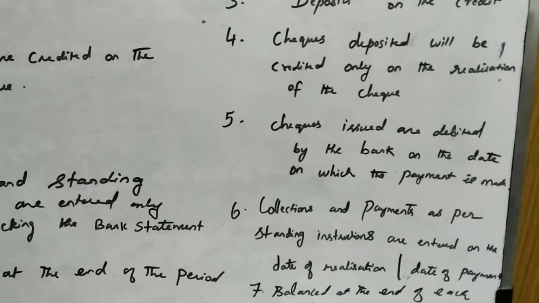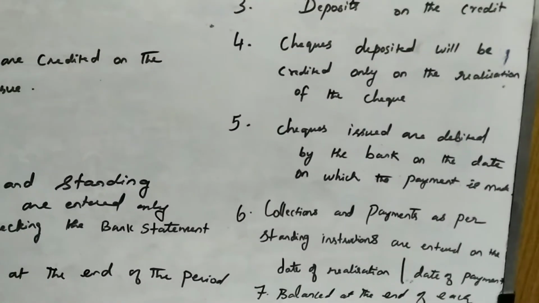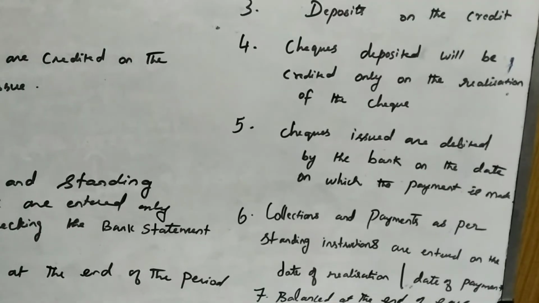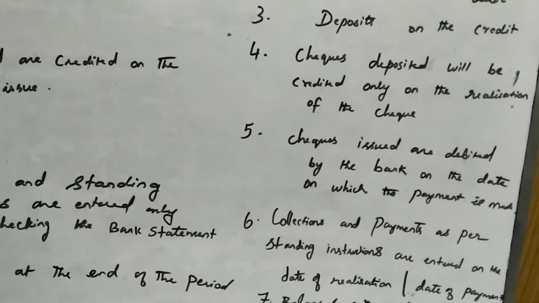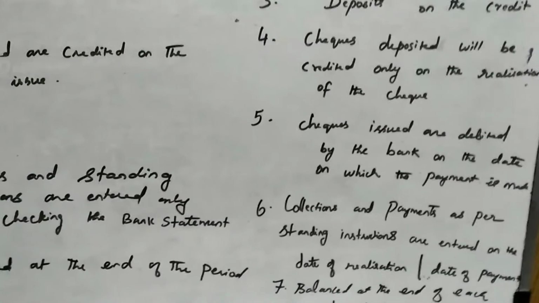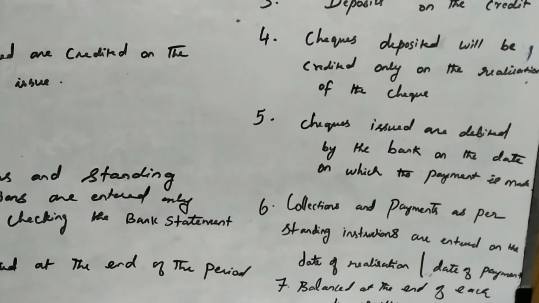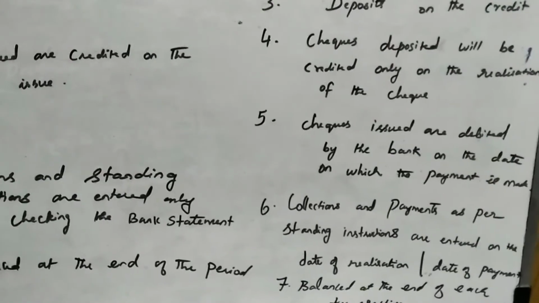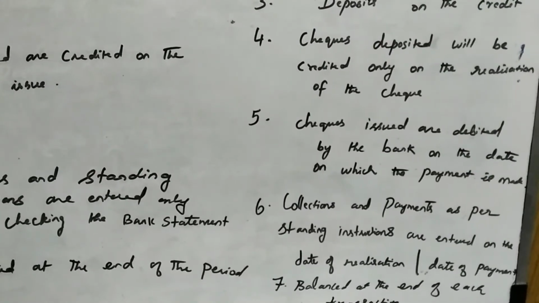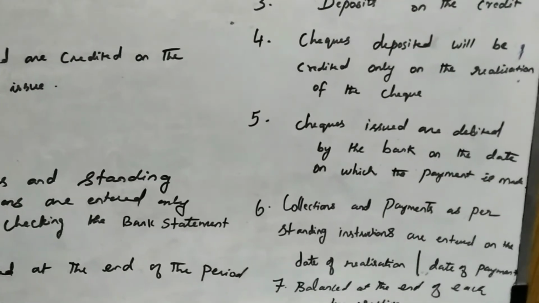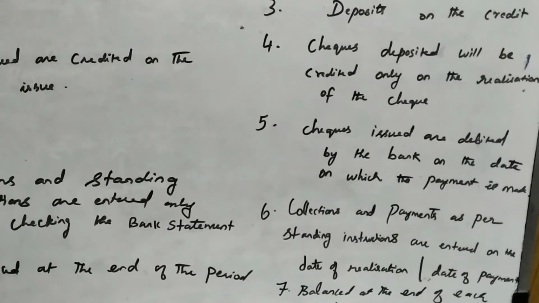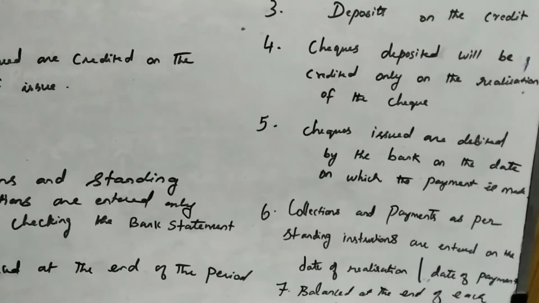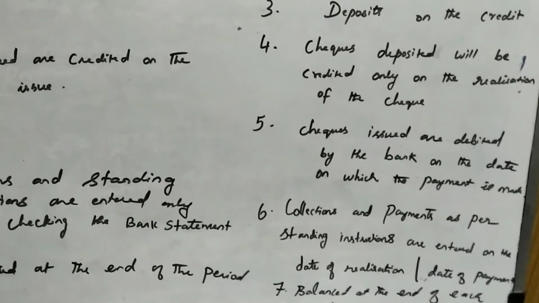You can also check your own passbook for that. After every transaction, you will know the balance. So today you can just have a look at your own passbook and see how an entry is being made. All the deposits into your account will be credited and any withdrawal from your account will be debited. You can check it up. So go through your passbook today.